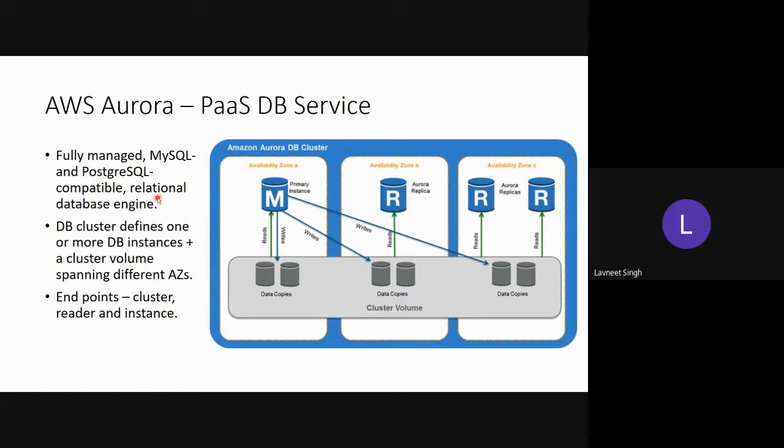database service. So there we define a DB cluster which could be spread in different availability zones, right? And you define one as your primary instance, right? And the other zones will have the replicas.